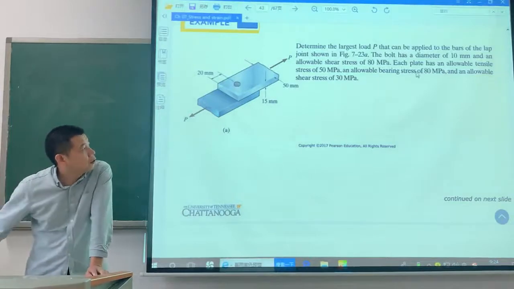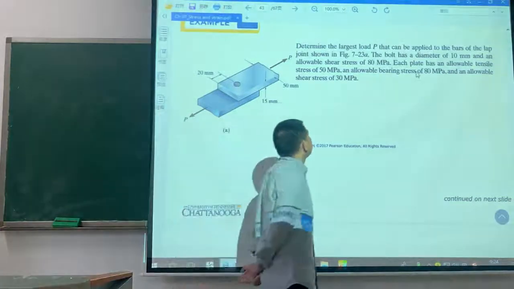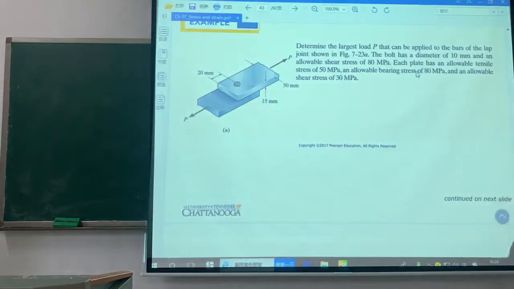Each plate has an allowable tensile stress of 50 MPa, an allowable bearing stress of 80 MPa, and an allowable shear stress of 30 MPa. Determine the largest load P. It means when P is more than the largest value, the structure will be broken. That's all.